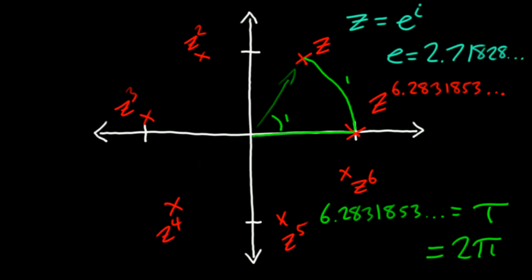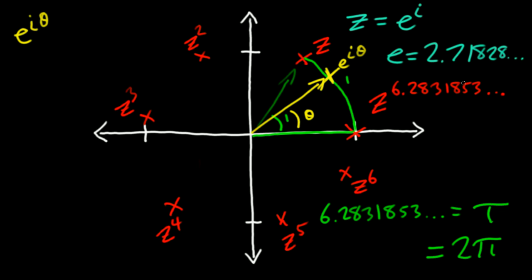And it works out that e to the i theta, let's just designate some number here, e to the i theta is the number along the unit circle that has angle theta with respect to the positive real axis. That's a very special thing to remember, e to the i theta, or e to the i of whatever angle you want in radians.